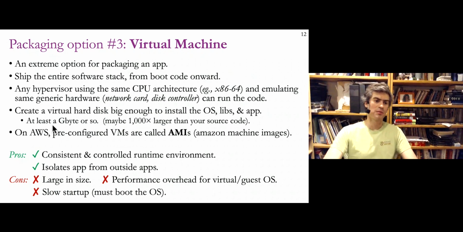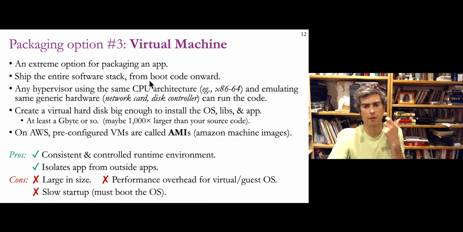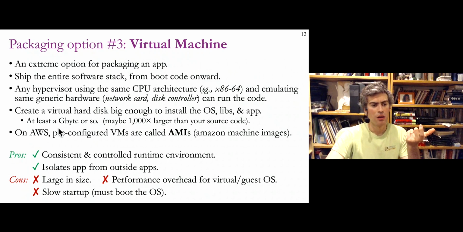So this is feasible. It's kind of an extreme option because it leads to a really big application that you're deploying. It's a whole virtual machine, which is at least 1 gigabyte, I would say.